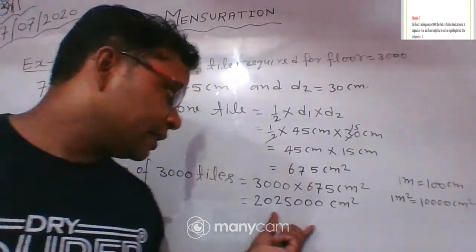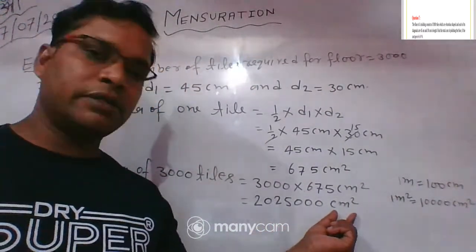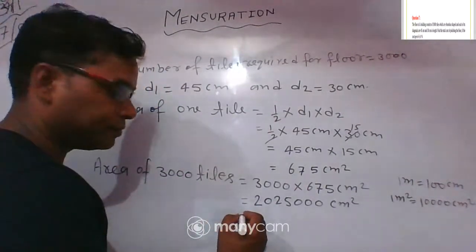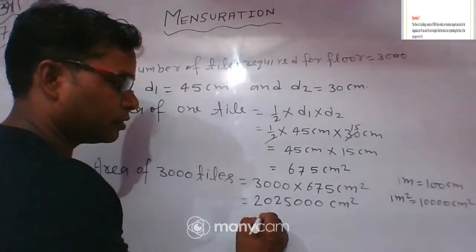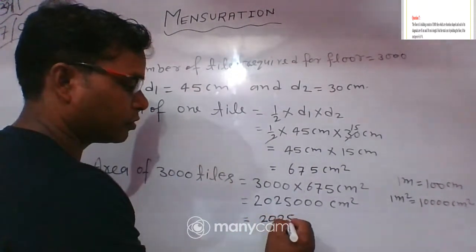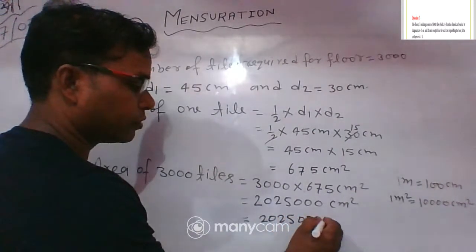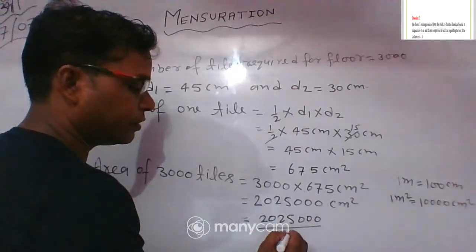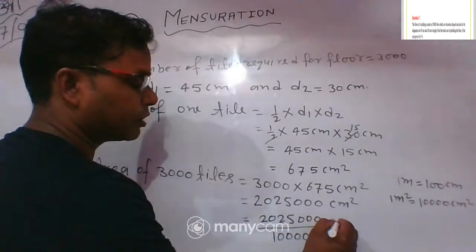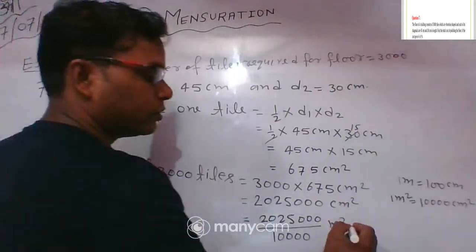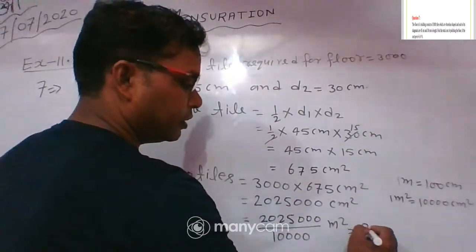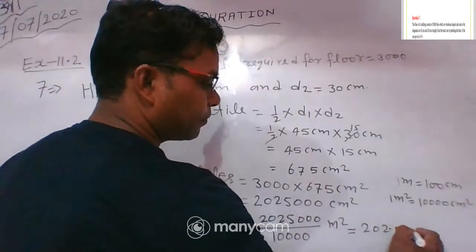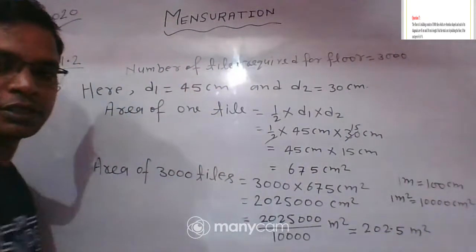If we divide this by 10,000, it becomes meter square. So here you can see this is 202.5 meter square. This is clear.